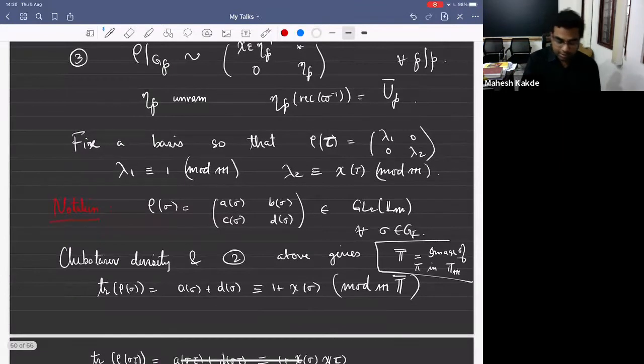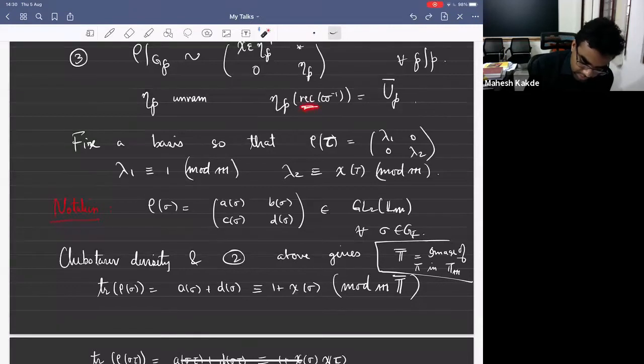So I'm looking at this as a Galois character, so that's why there is this reciprocity. I'm using the local Artin reciprocity map. So this is reciprocity applied to the uniformizer. Reciprocity applied to units will give me the inertia subgroup. So it's trivial on that.